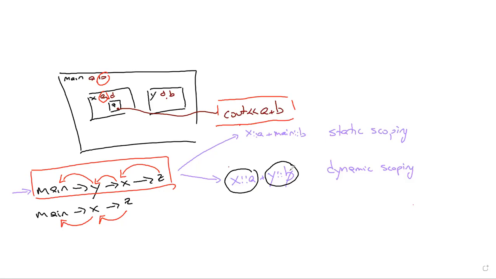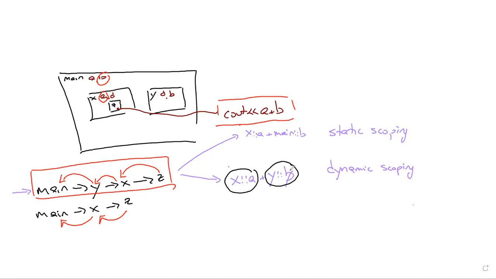Okay, so we have a distinction between static scoping and dynamic scoping. Most languages out there are actually statically scoped and not dynamically scoped. And we will talk about the advantages and disadvantages of every one of these after we describe in further detail how it works and all the mechanics.